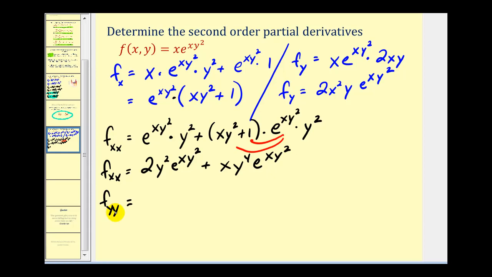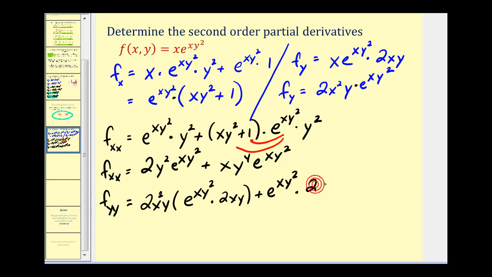To determine fyy, I'm going to go ahead and find the partial derivative of this with respect to y again. So notice we will have to apply that product rule again. So we'll have the first times the derivative of the second. So we'll have e^(xy^2) times u prime. So we'll have 2xy, plus the second times the derivative of the first with respect to y.